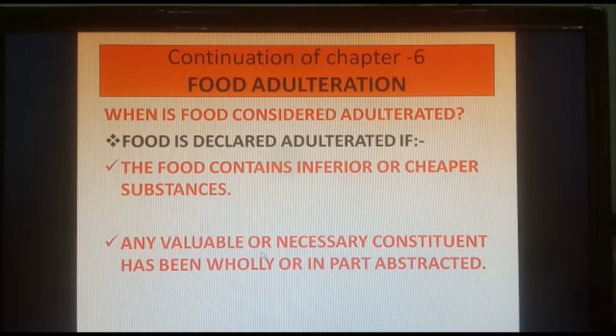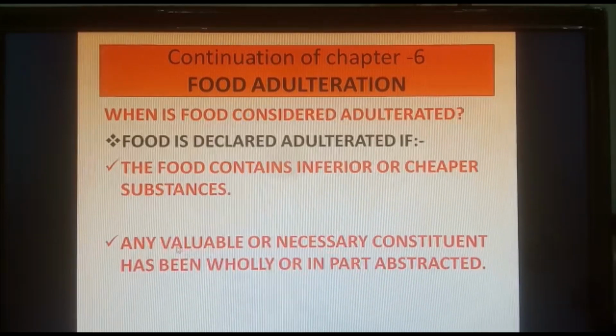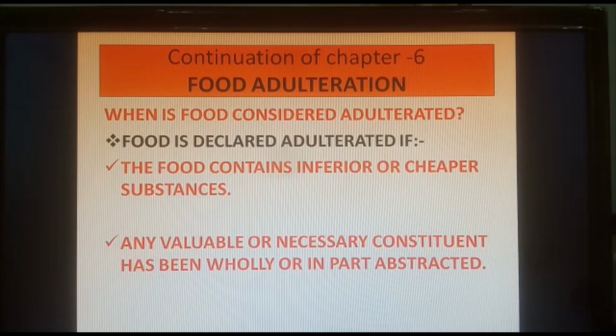Next, any valuable or necessary constituent has been wholly or in part abstracted. That means removal of any important vital elements or nutrients from the original food product. Wholly means completely, entirely. In part means in some amount, not completely.